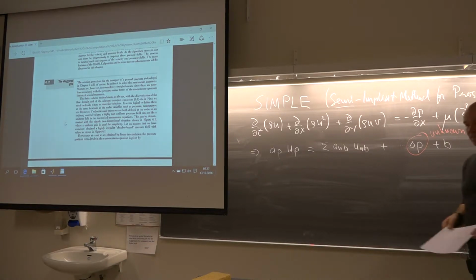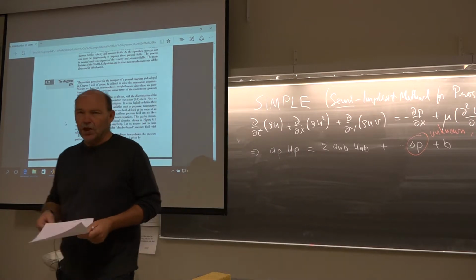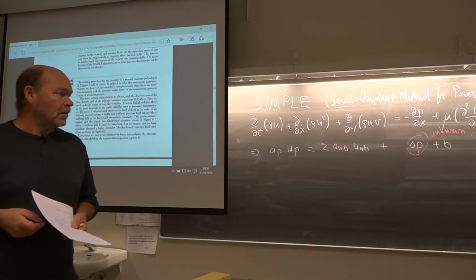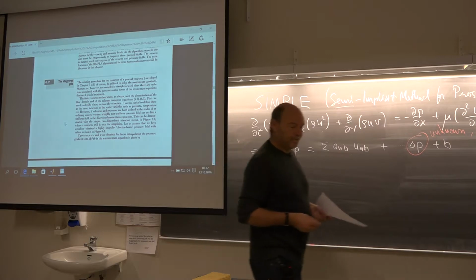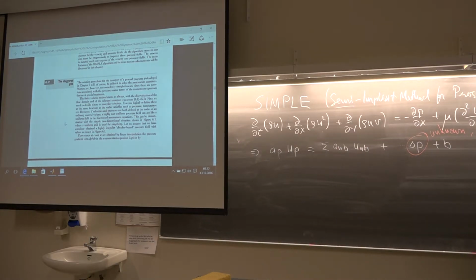In an iterative scheme, of course, that will be the pressure from the previous iteration. In a transient code, typically that will be the pressure from the previous time step. So the guess doesn't have to be that stupid. But it will still be wrong.